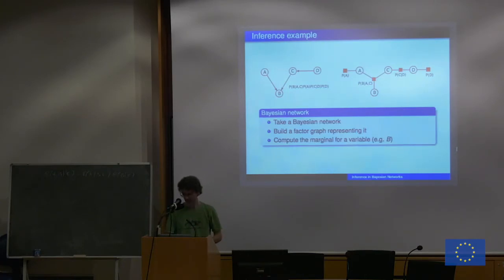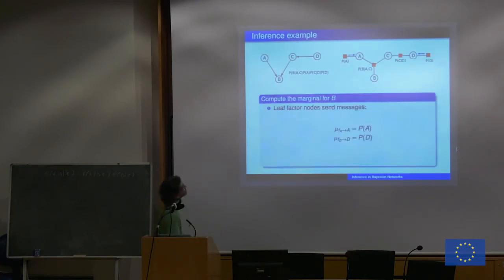As in the chain, you were sending messages back and forth and taking the product. Now here, these are the messages. Again, I will not give you the detail on the formalization, but show you a practical example so that you have an idea of how it works. The leaf factors send the factors themselves as messages. So this sends P(A), this sends P(D).